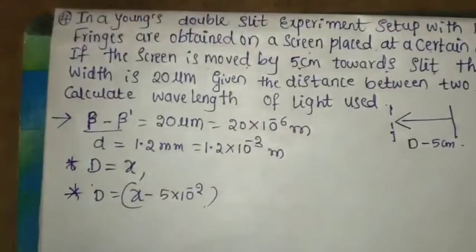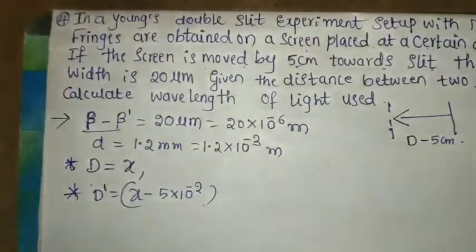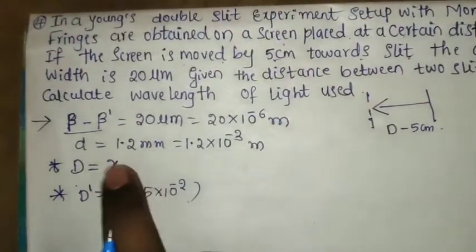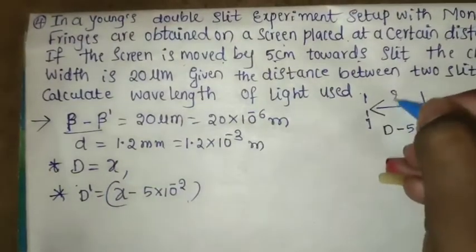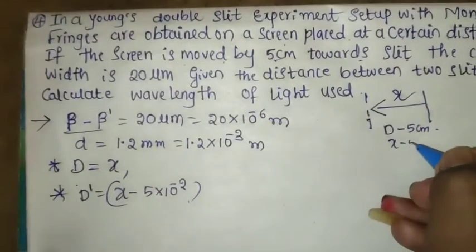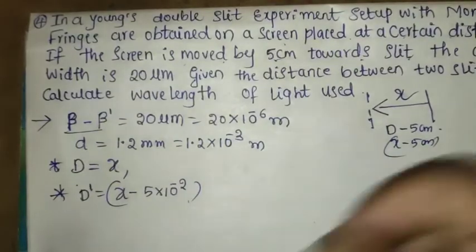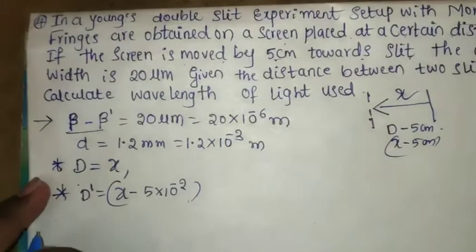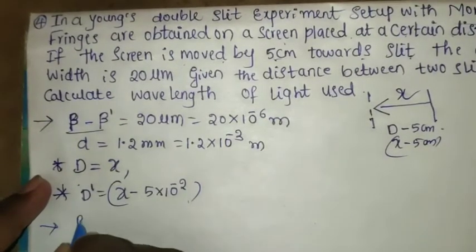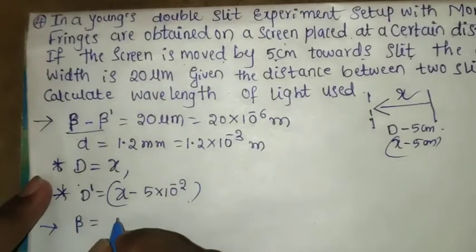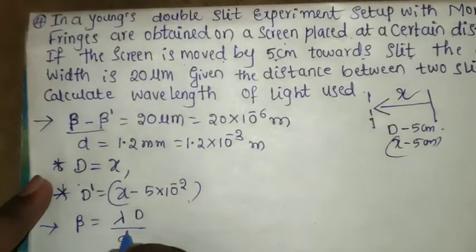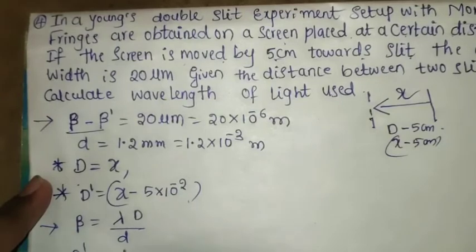See here, this is D, this is D dash. D is the initial distance, it is x. Next, x minus 5 into 10 to the power minus 2. Now we write the fringe width formula: beta equals lambda D by small d, and beta dash equals lambda D dash by small d.